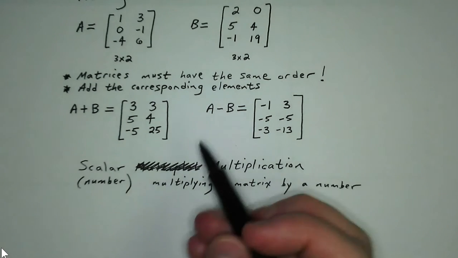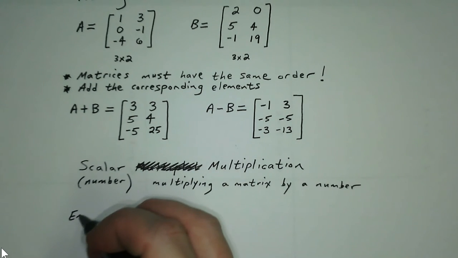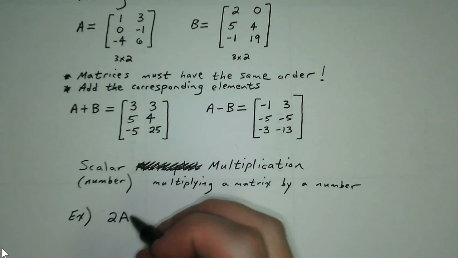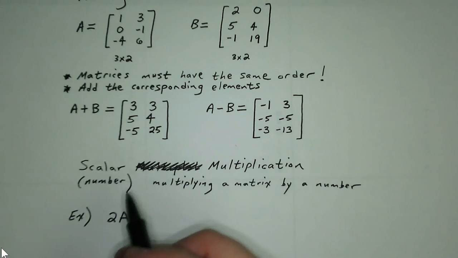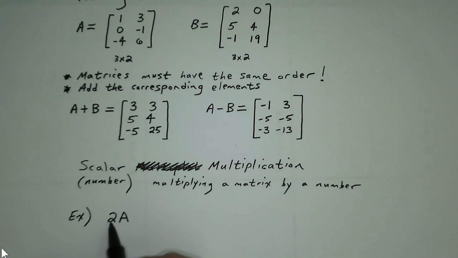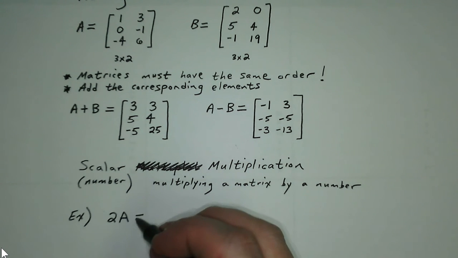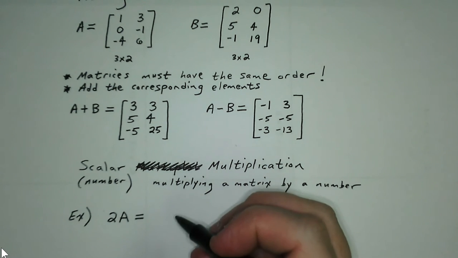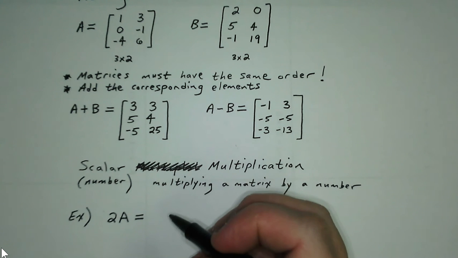So if I wanted to do an example like 2A, 2 is the scalar. 2 is just some number, and we're doing 2 times A. Once again, good news. This is going to play out exactly as you would probably guess.